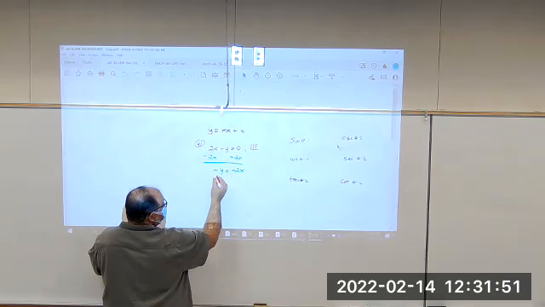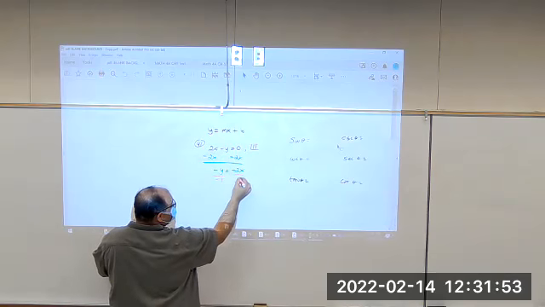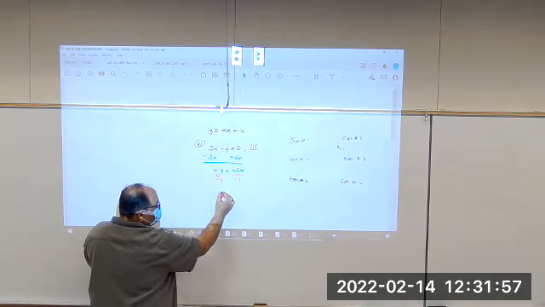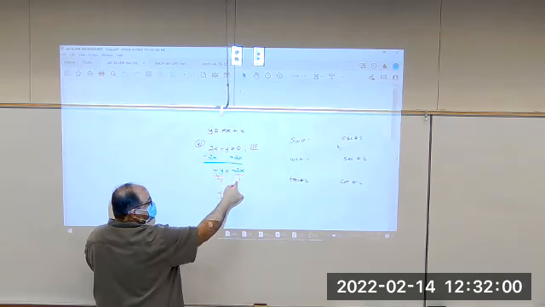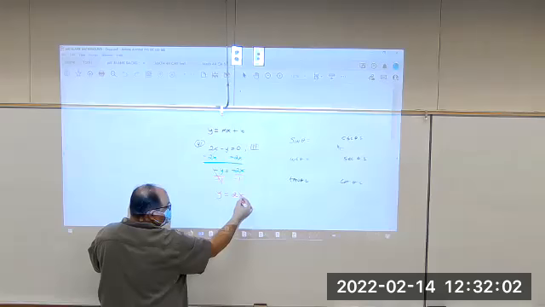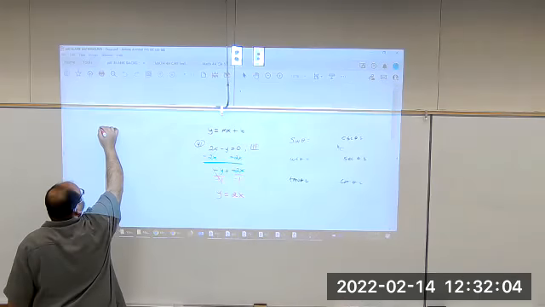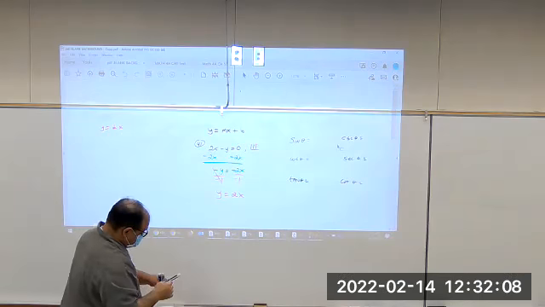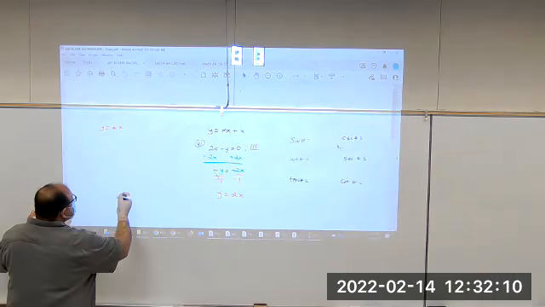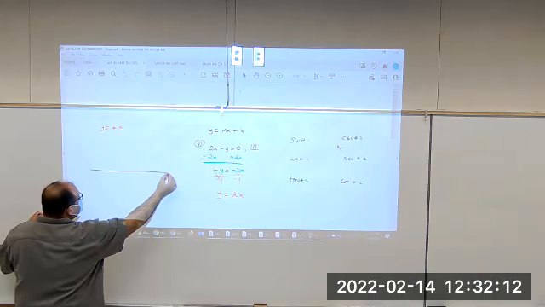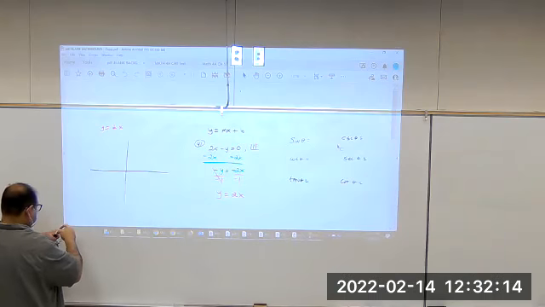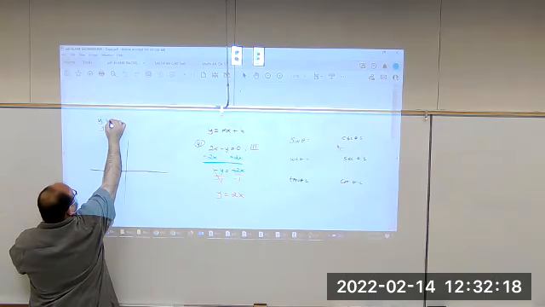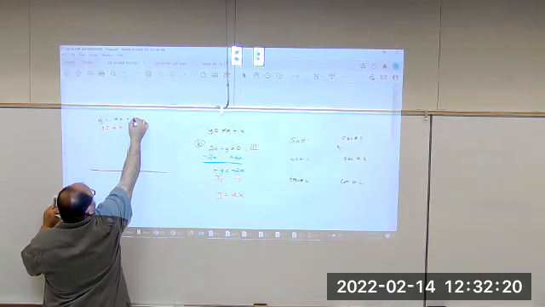And I'm going to divide by negative 1 because I want to know what positive y is. So I get positive y is equal to negative 2 divided by negative 1, positive 2x.